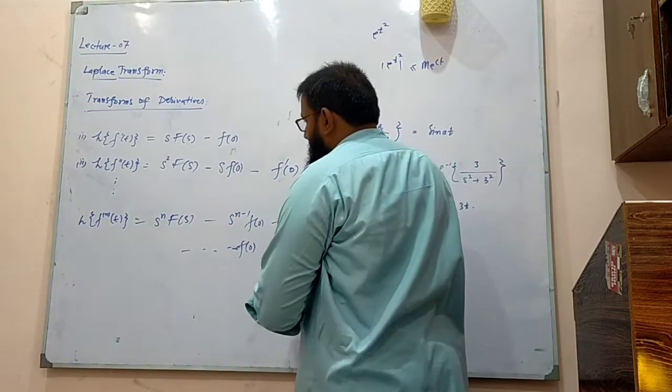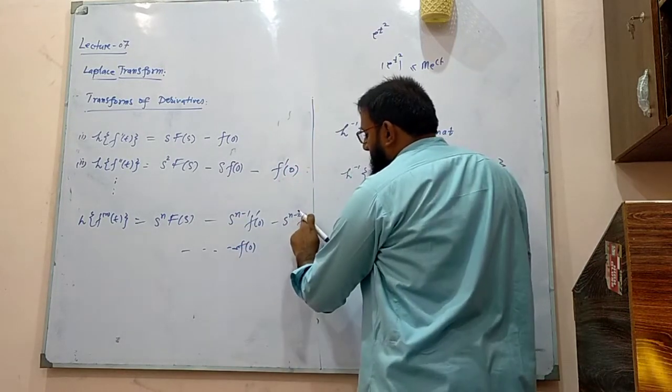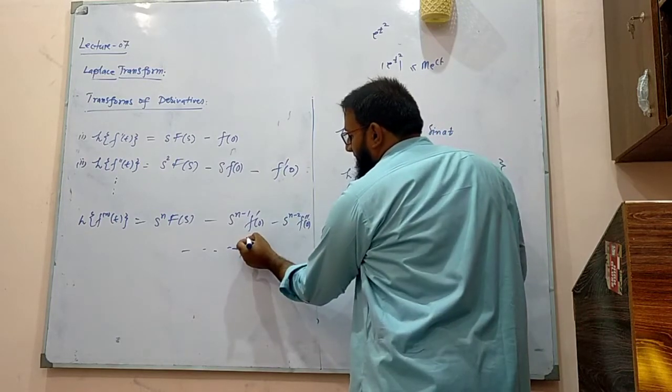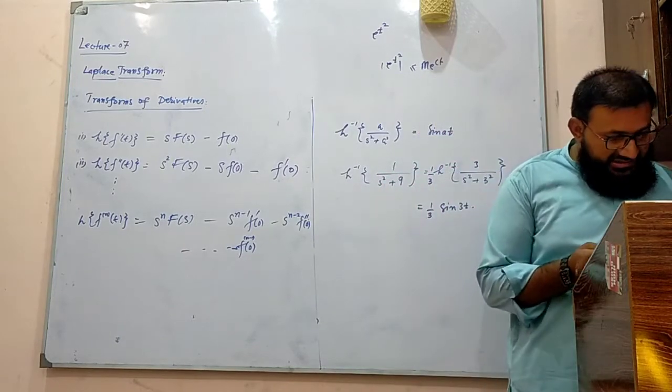This is f prime of 0 and this is f double prime of 0, and there are n minus 1 derivatives.